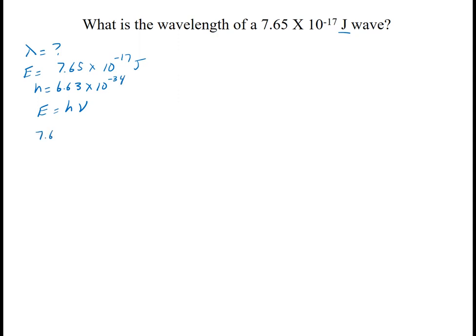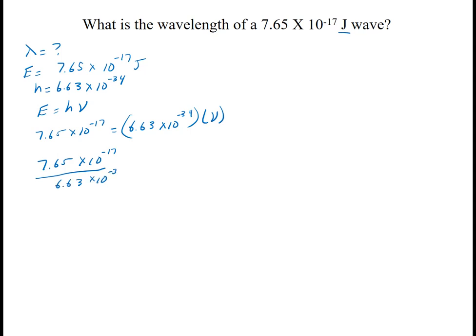So I have 7.65 times 10 to the minus 17th is equal to 6.63 times 10 to the negative 34th times nu. And then I want to divide both sides by the 6.63, so I have 7.65 times 10 to the minus 17th divided by 6.63 times 10 to the negative 34th is equal to nu. So nu is 1.15 times 10 to the 17th hertz.